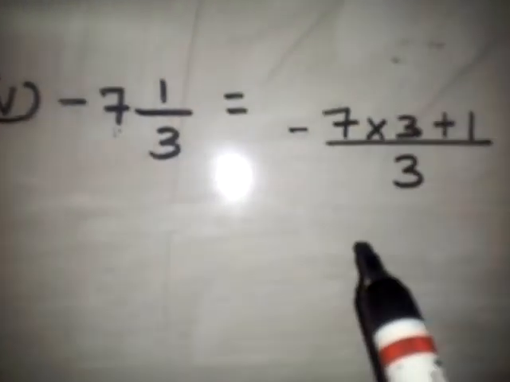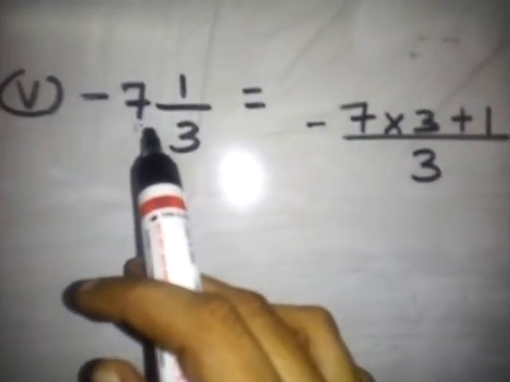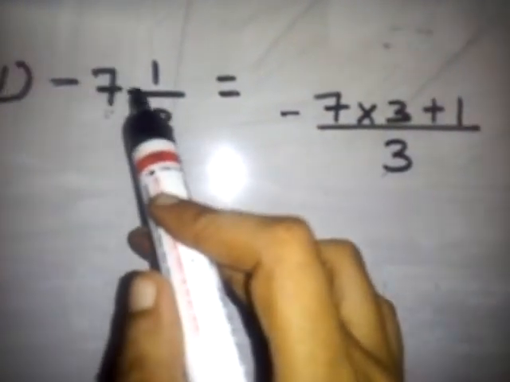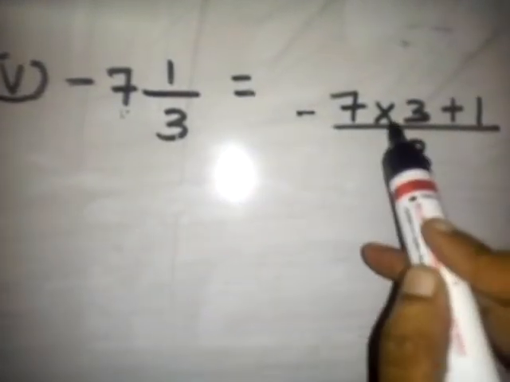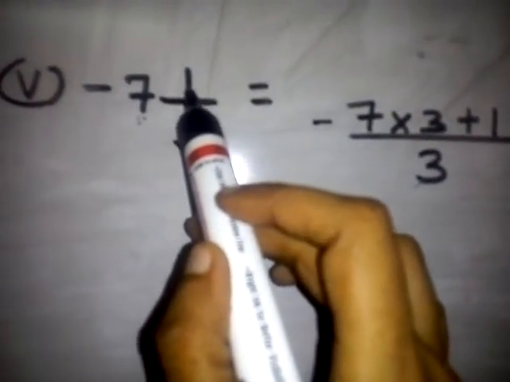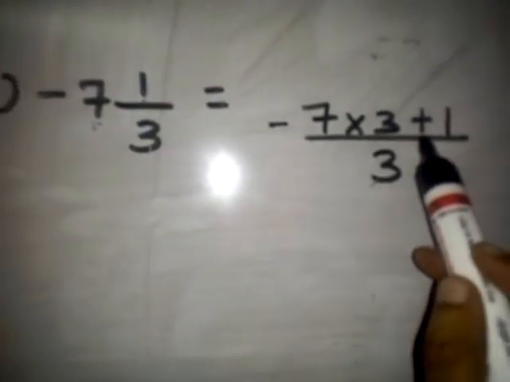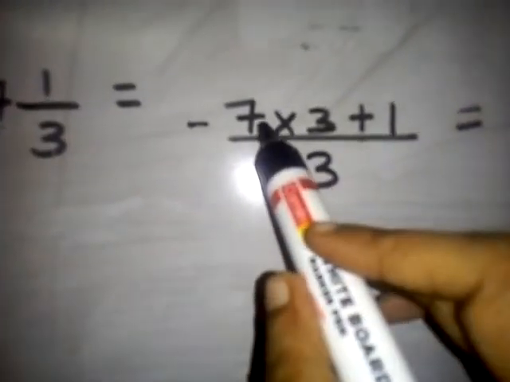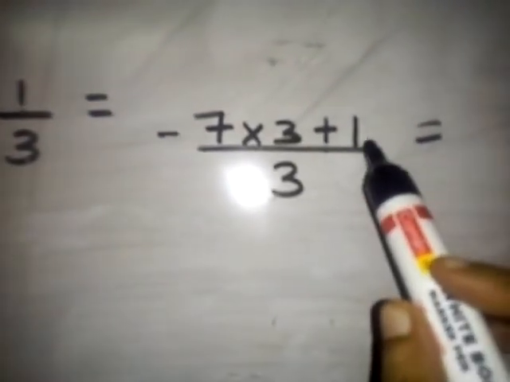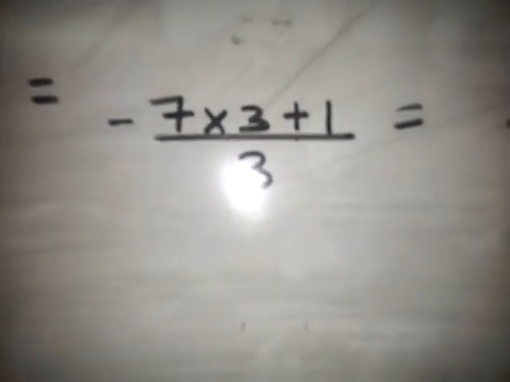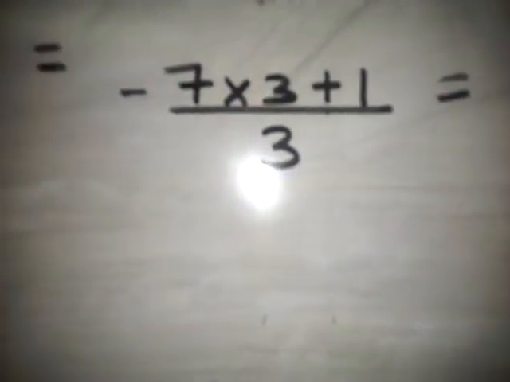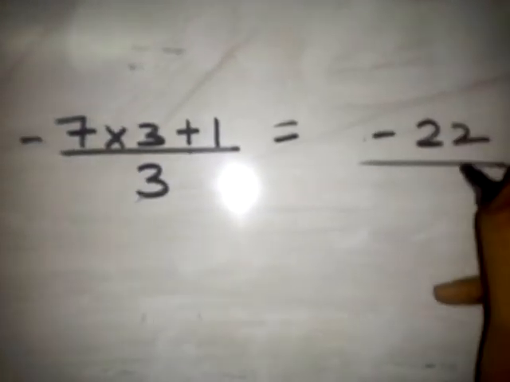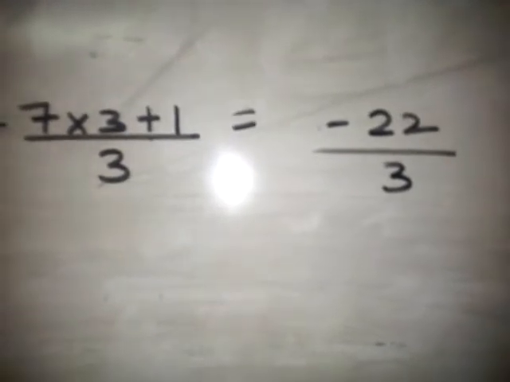Minus 7 multiplied by 3. The number which is in the numerator here, you have to take plus 1. First you have to multiply this. 7 3s are 21. 21 plus 1 is 22. Minus into plus is minus. Minus 22 upon 3. Now you have to write the reciprocal.